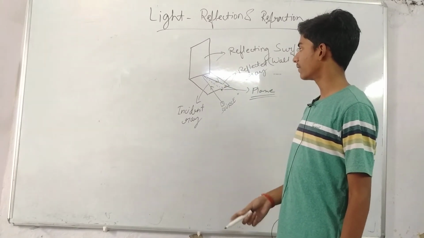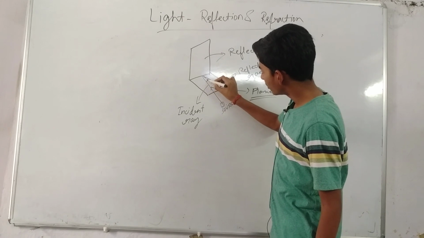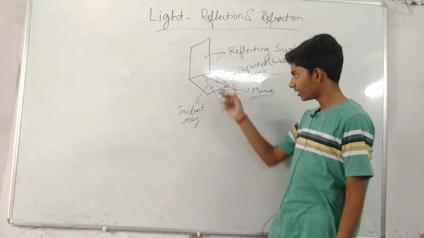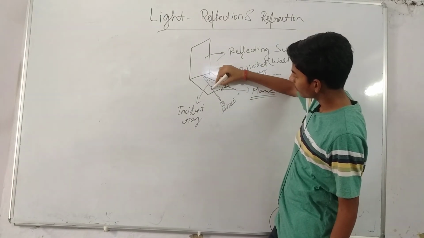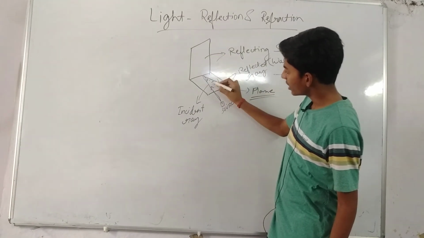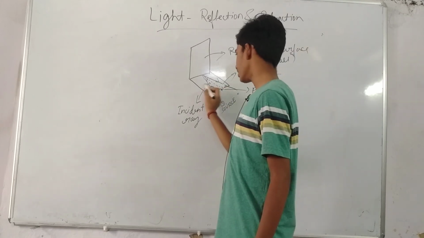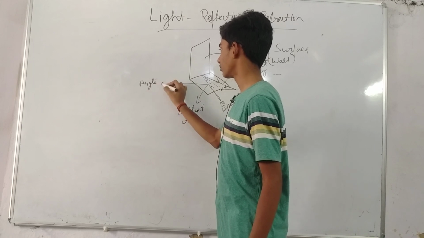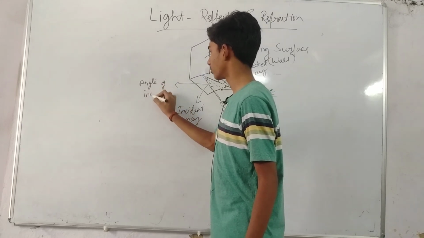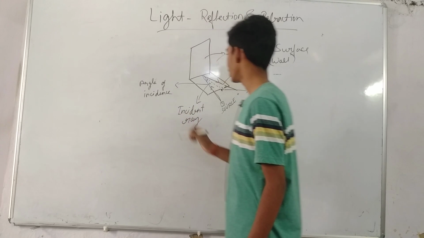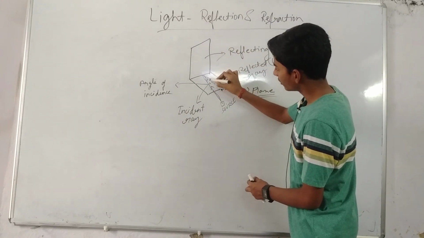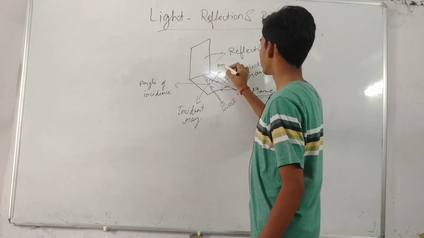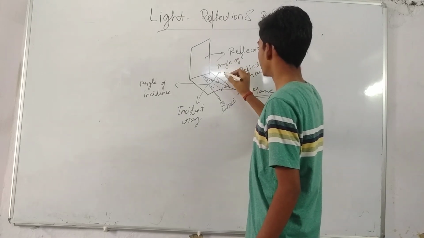This angle formed between the incident ray and this normal is represented by I and is called the angle of incidence. And this angle is represented by R and is called the angle of reflection.